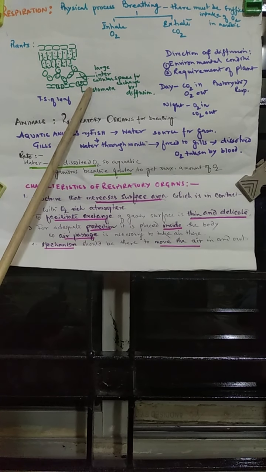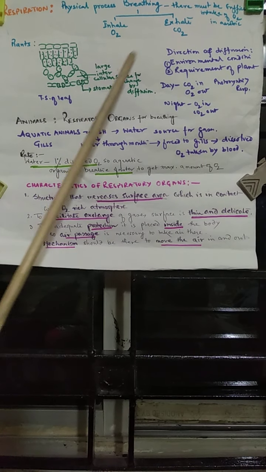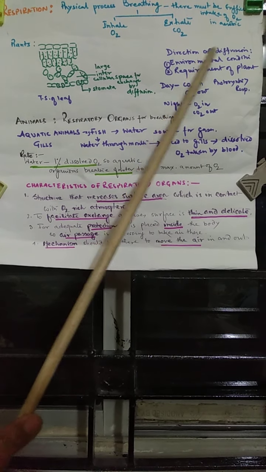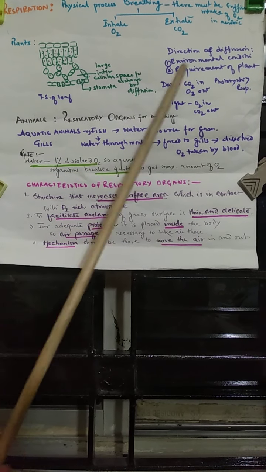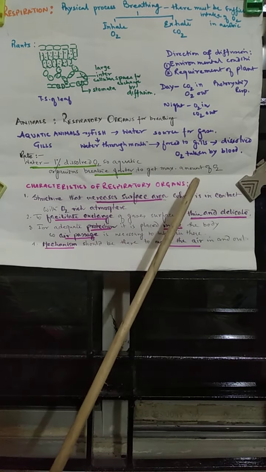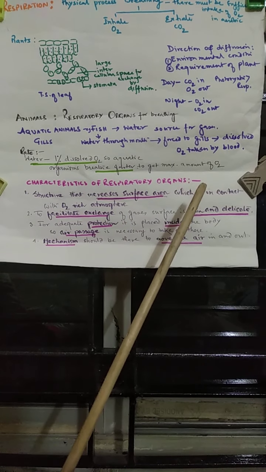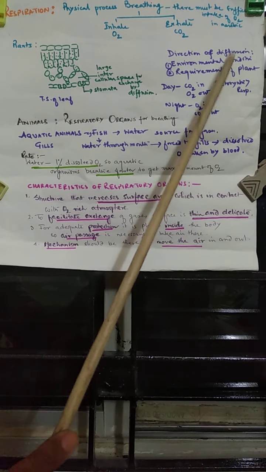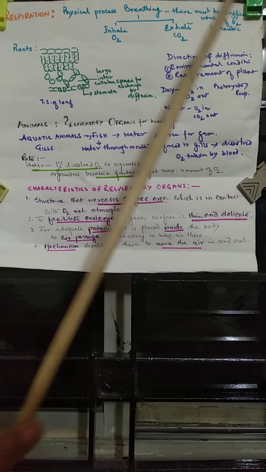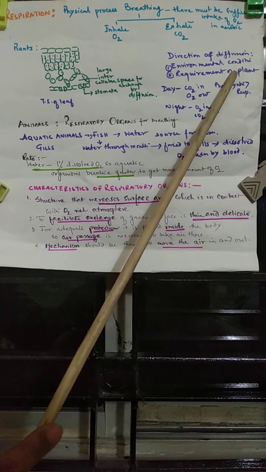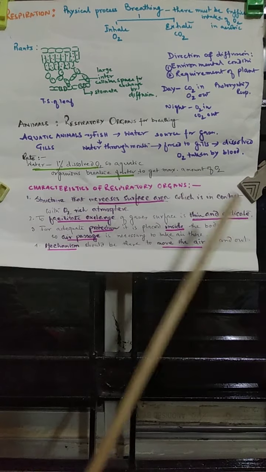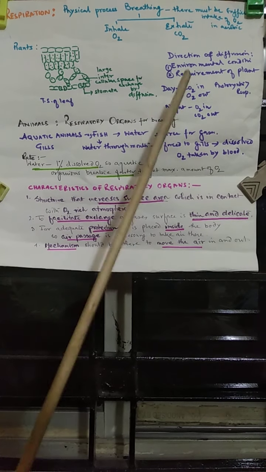Now the exchange of gas in plants, or the direction of diffusion of gases, is mainly dependent on the environmental condition and the requirement of the plant. Environmental condition means the concentration of carbon dioxide, oxygen, etc., and the requirement of the plant is very vital. Now think of day. During the day, what happens?